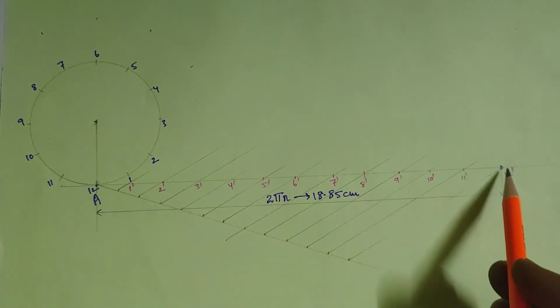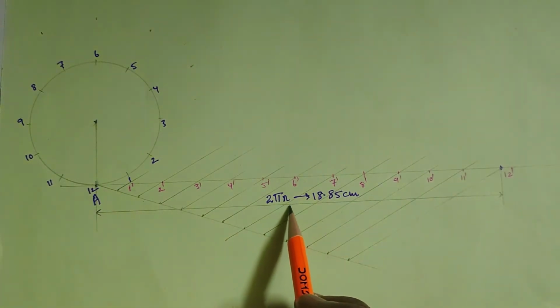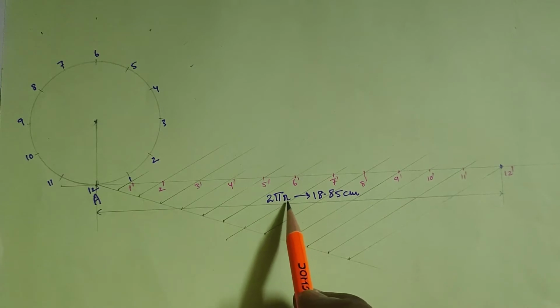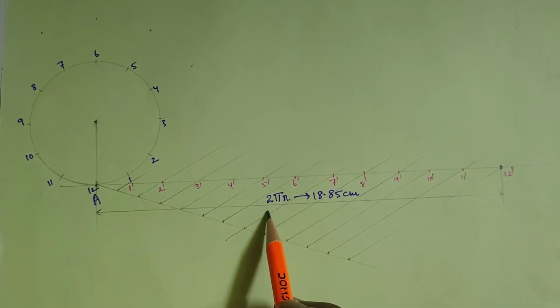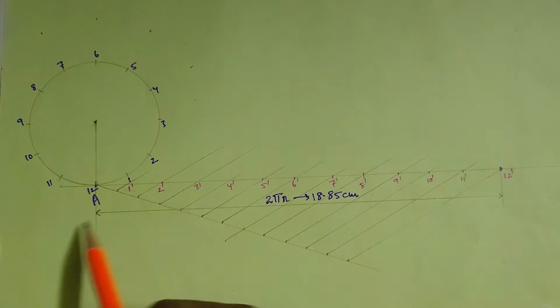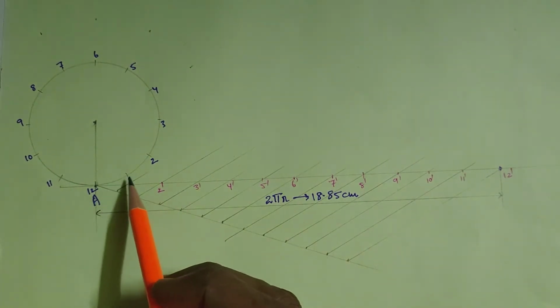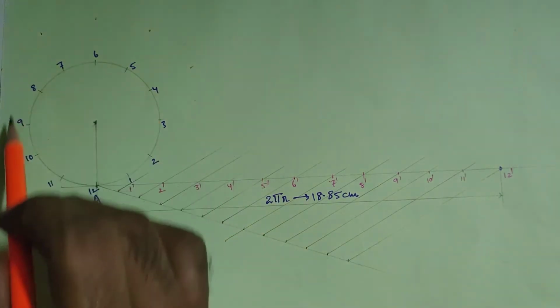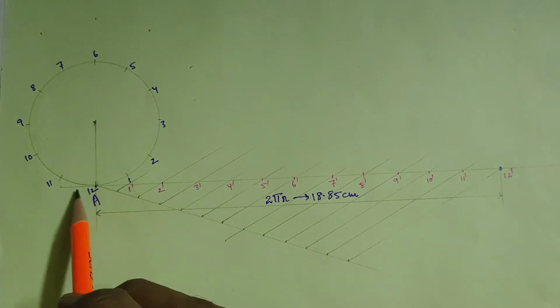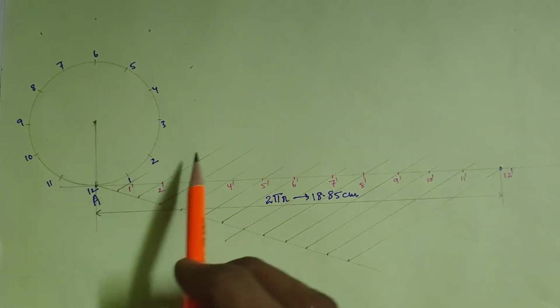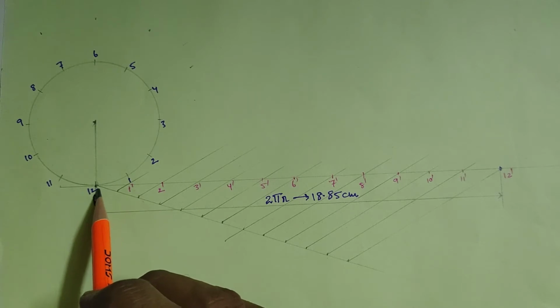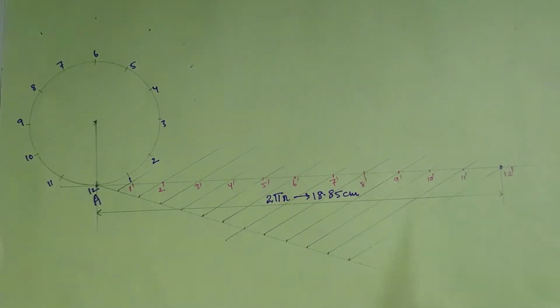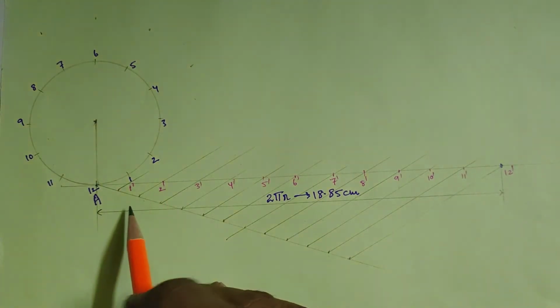Hence, on the reference axis, I am going to consider a length of 2 pi r, which is the perimeter of the circle or the circumference. I am going to consider different positions of the points. So in order to consider that, I am dividing the circle into 12 equal parts. That means I am considering 12 different positions of the point A as it moves along the reference line or baseline.